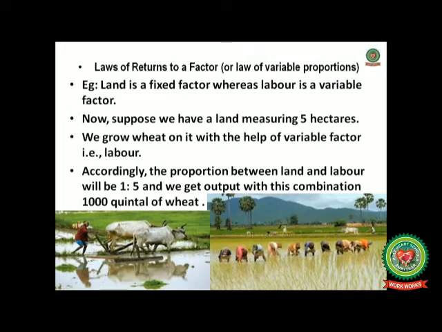Accordingly, we have to decide the proportion between land and labor. Suppose firstly we take the combination of 1 laborer and 5 hectares of land, and we get an output of 1000 quintal of wheat.